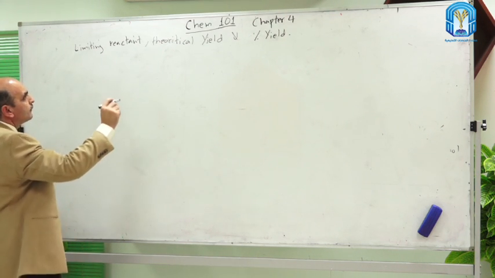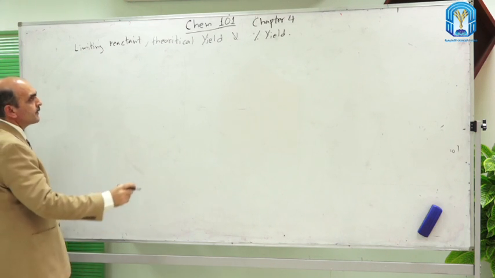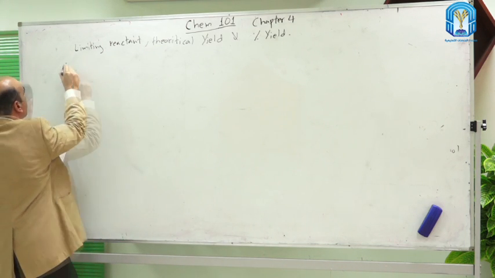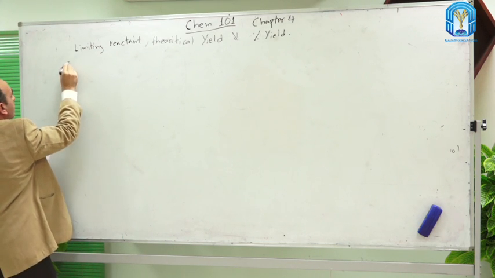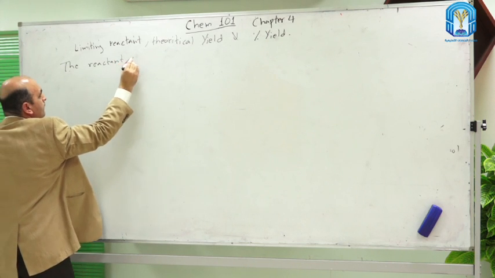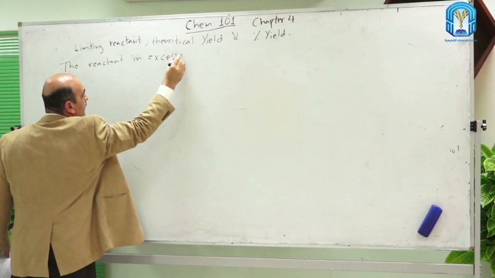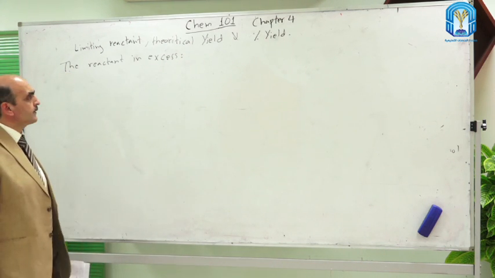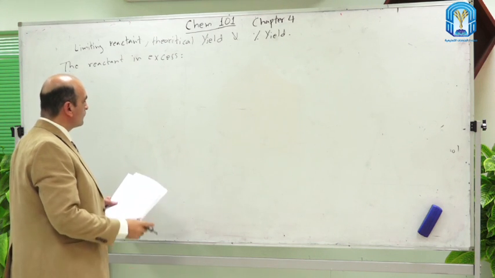So limiting reactant is consumed completely in the reaction, and that determines the amount of product. And we have also the reactant in excess. The reactant in excess is any reactant that occurs in a quantity greater than is required to completely react with the limiting reactant.